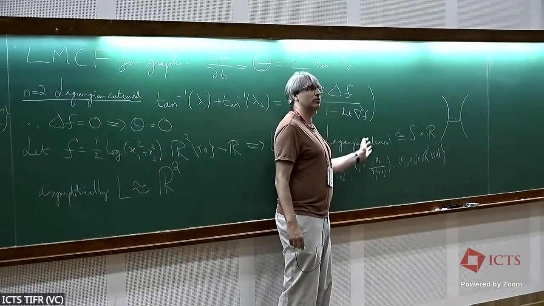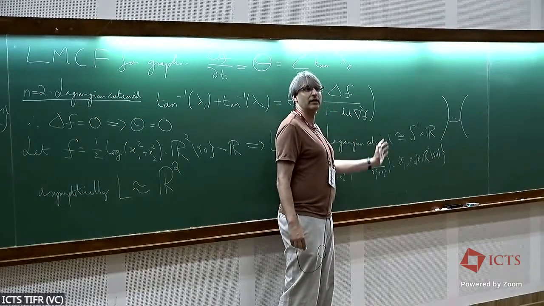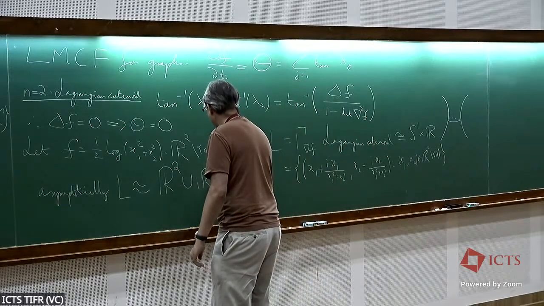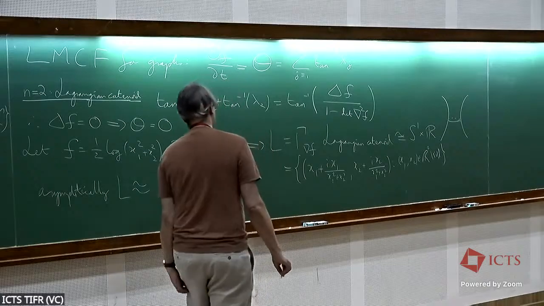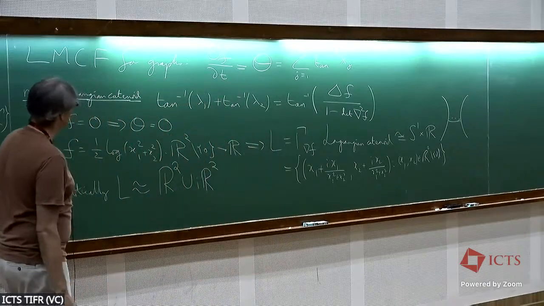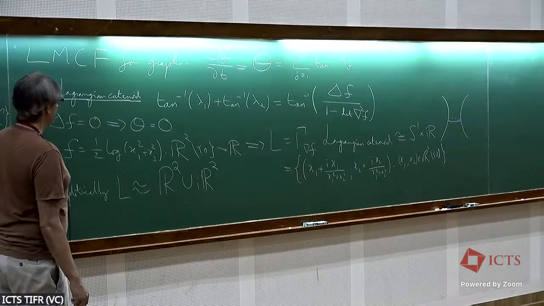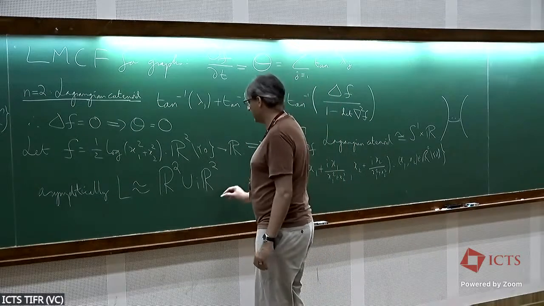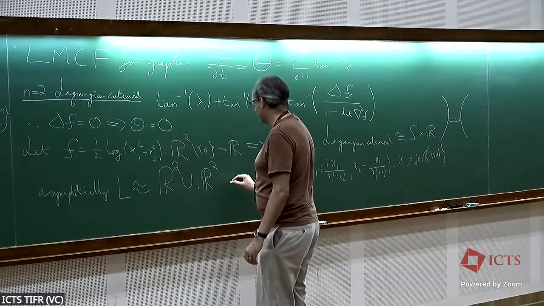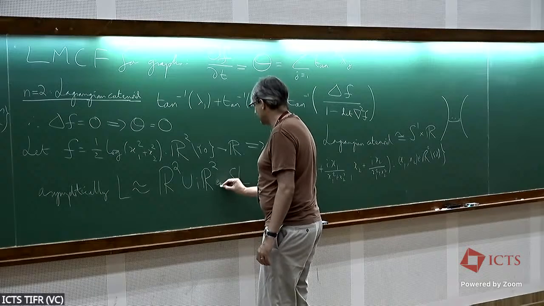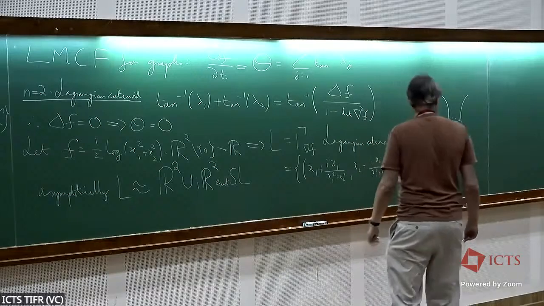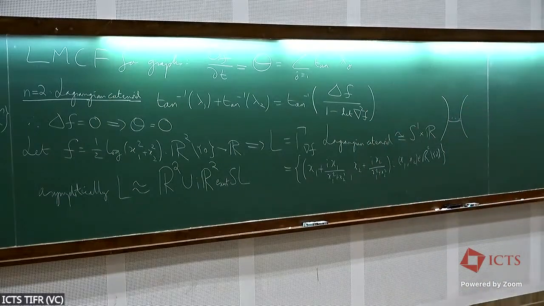So it looks like the purely imaginary R2. So it looks like the union of two planes, R2 union i R2. So it's an exact special Lagrangian. Here, of course, this is a harmonic function. This is special Lagrangian, and it's exact, with that asymptotic behavior. And that's called the Lagrangian catenoid.